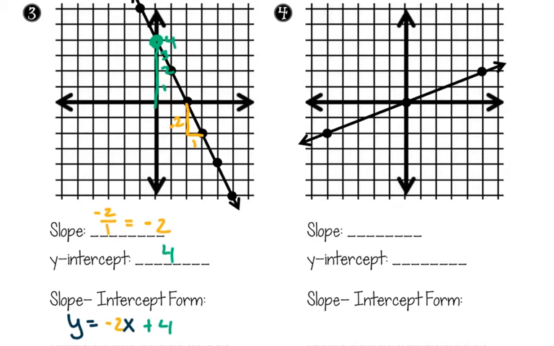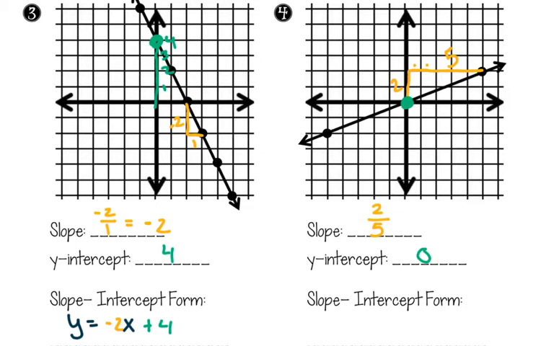Okay, so this next one, I'm going to have my 2 points here. So my rise is 2, my run is 1, 2, 3, 4, 5. So my slope becomes 2 over 5. My y-intercept right here, so that's at 0.